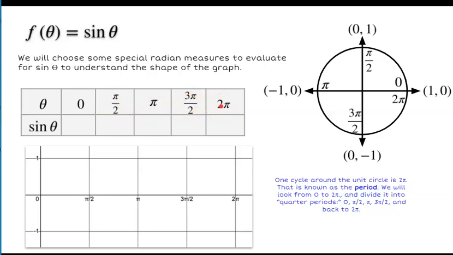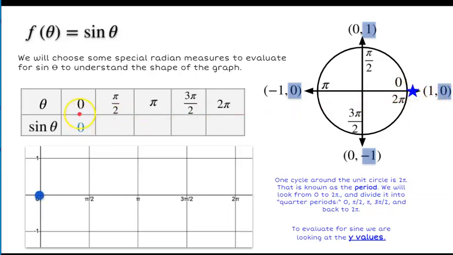And then we will identify the y values for sine. Keep in mind, to evaluate the sine values, we are looking at the y values. So let's begin. When our theta is equivalent to 0 in our unit circle, the y value is going to be 0.